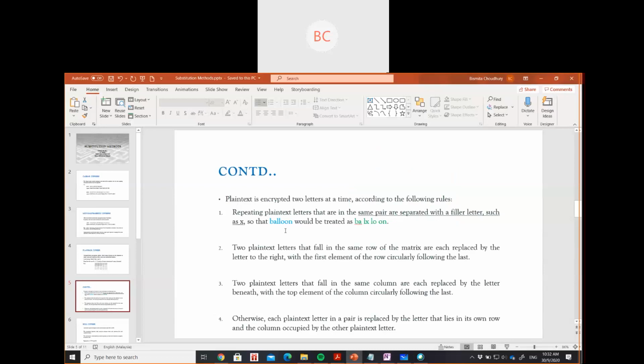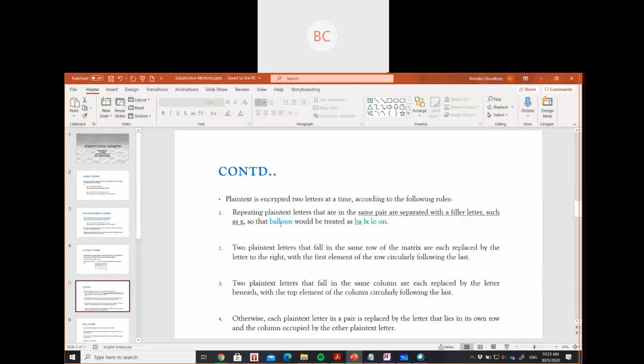So there are 4 rules. In rule 1, whenever you see a pair of the same letter, you use another symbol or letter to fill up the gap. Here the first pair is L and L in the word balloon, so we fill the gap with X. There's another pair, double O, but once you insert X and separate the whole word into two-letter digraphs, it becomes BALXLOON.